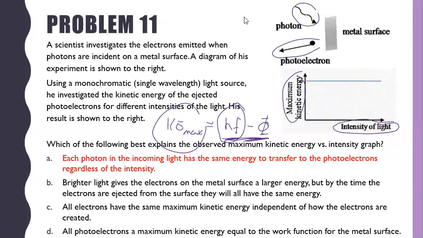Shining more photons in is not going to give the electrons more energy, but it's going to make more electrons come off. So it's going to increase the number of photoelectrons, but not the energy, since the energy does not relate to that at all. So A is a good answer. It says that each photon has the same energy to be able to transfer to photoelectrons, regardless of the intensity. There's just going to be more of them.